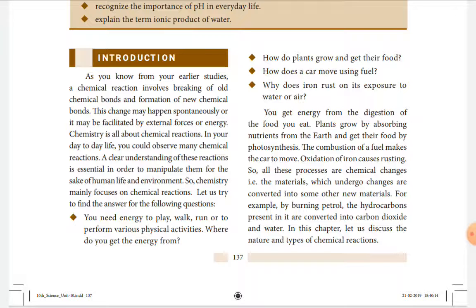According to the law of conservation of mass, on either side of the arrow mark, the atoms of the reactants and the atoms of the products should be in equal number. Mass should be equal on both sides. Then only the equation is balanced. Otherwise it is called a skeletal equation.